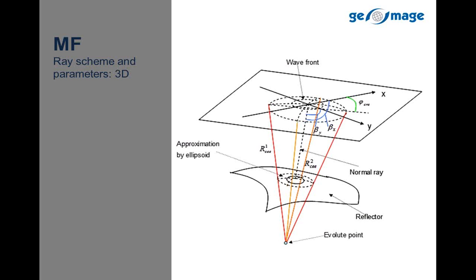We scan all possible combinations of the wavefront parameters, and we compute some coherency measure which characterizes the signal-to-noise ratio, for example, semblance.